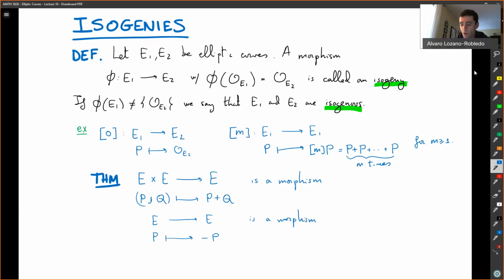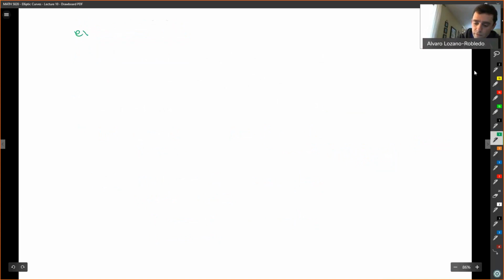Okay. There are other examples of isogenies. Let me pick up a couple of examples from my notes. Here is another example, a little bit more exotic, but also very important. If you have an elliptic curve, let's define E1 to be an elliptic curve of this particular shape, y squared equals x cubed plus ax squared plus bx.